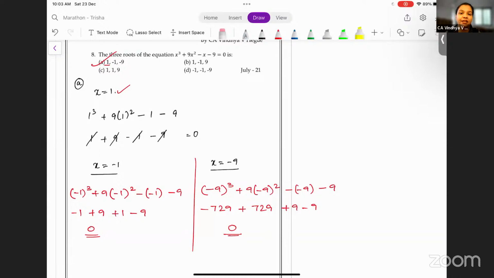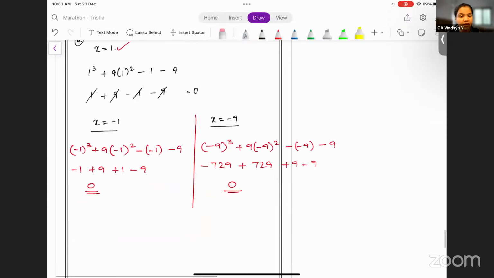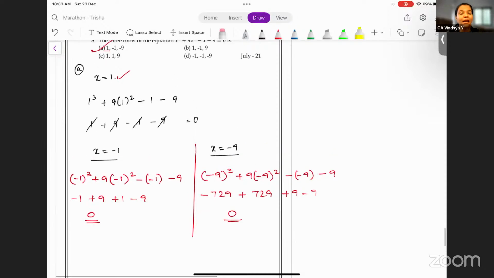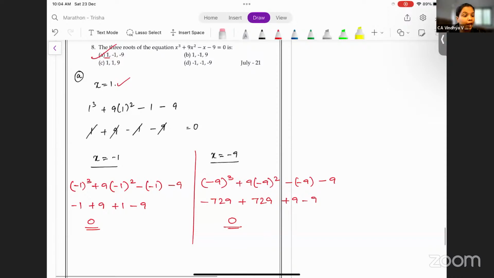We substituted the value of x as minus 1, and if you observe, minus 1 whole cube plus 9 into minus 1 the whole square, minus of minus 1 minus 9, the value will be equal to 0. Similarly, when you substitute the value of x as minus 9, the value is also equal to 0. So this is how we got the answer as option A.